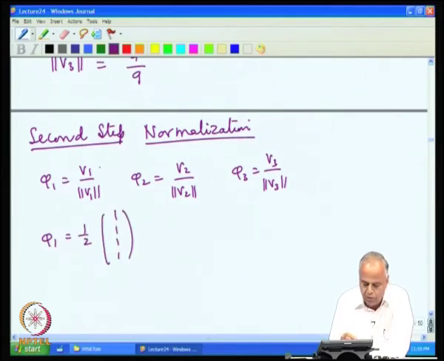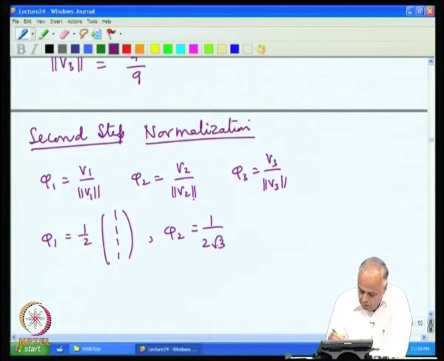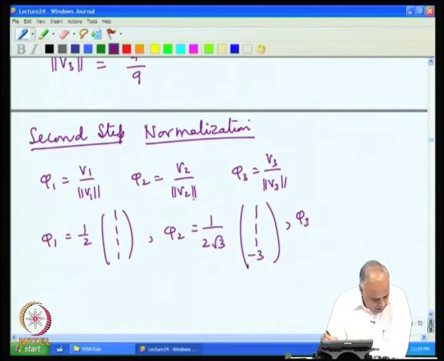We have all this information above. We have calculated V 1, we have calculated norm V 1, we have calculated V 2, norm V 2, V 3 and norm V 3. If we substitute all that, we get phi 2 to be 1 1 1 minus 3 and phi 3 to be 1 by root 6 into 1 1 minus 2 0.